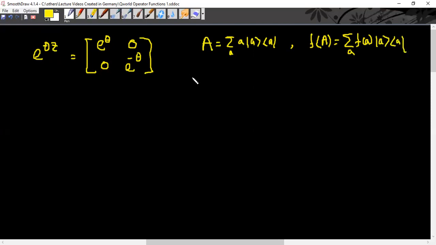Now we have to use these two things to write this matrix. So what is Z here?